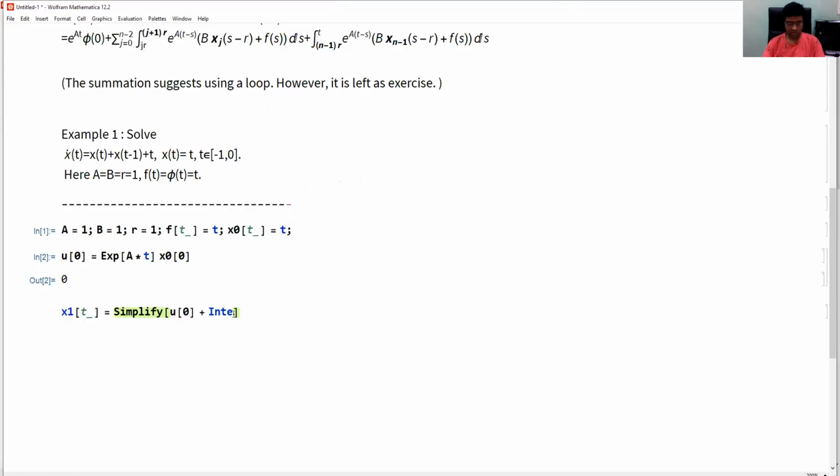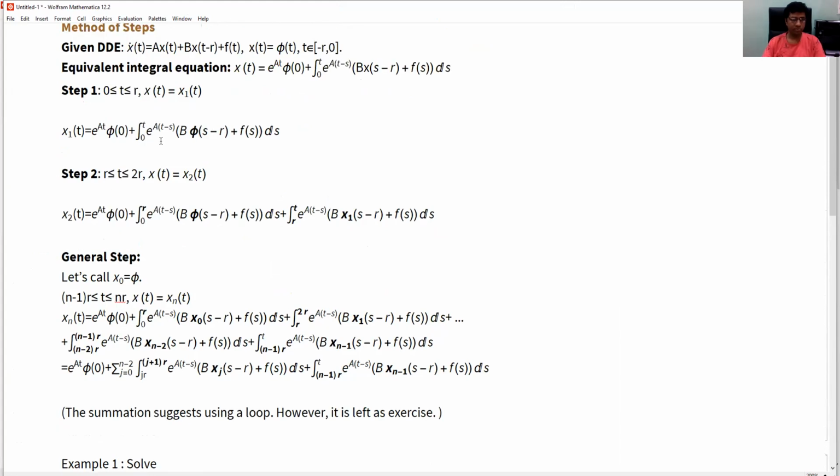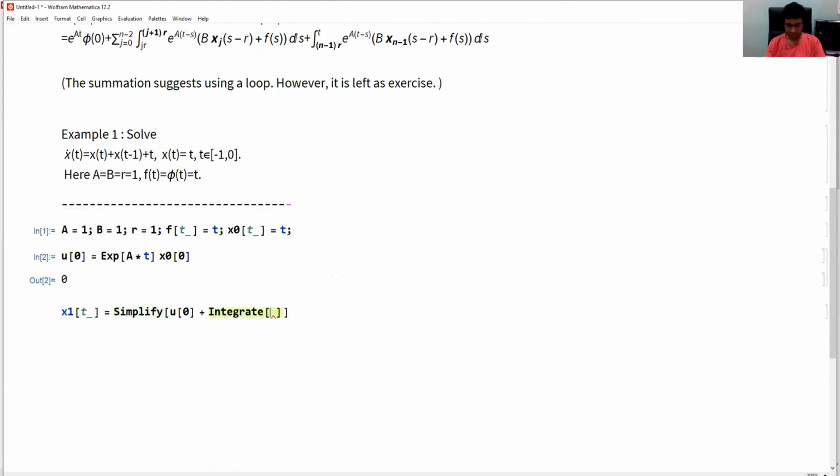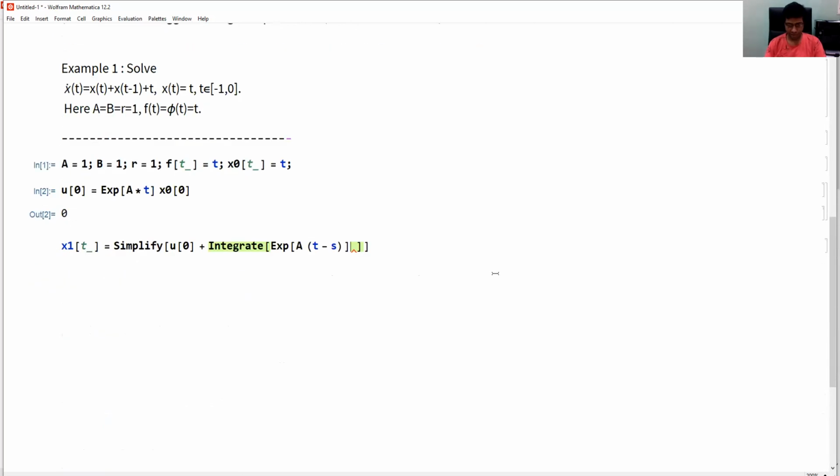So Integrate. We are integrating e raised to a into t minus s, multiplied by b times x0 of s minus r, plus f of s.